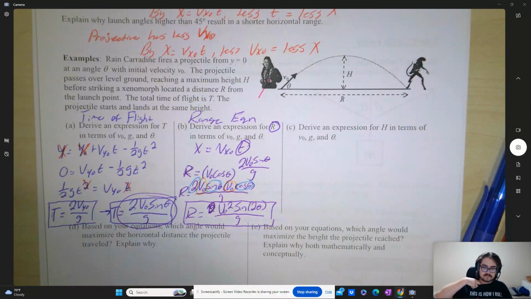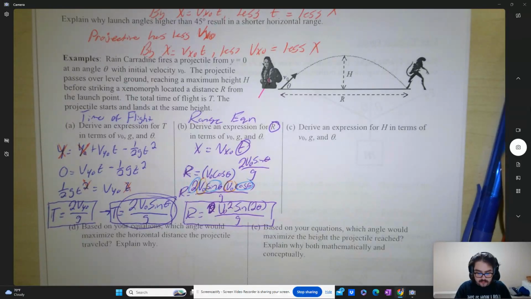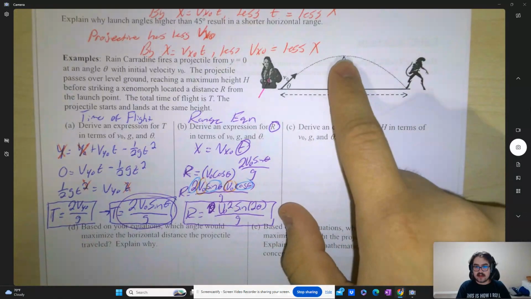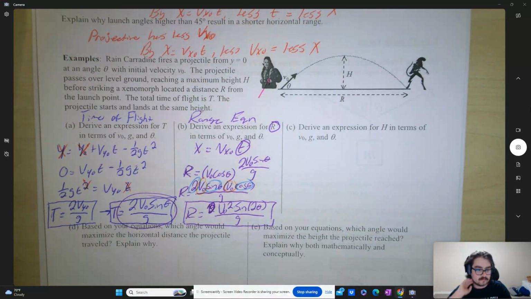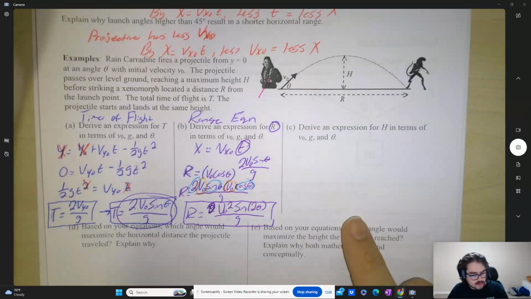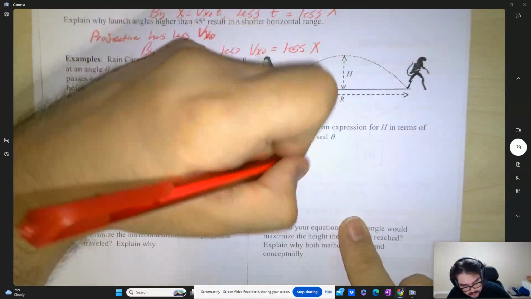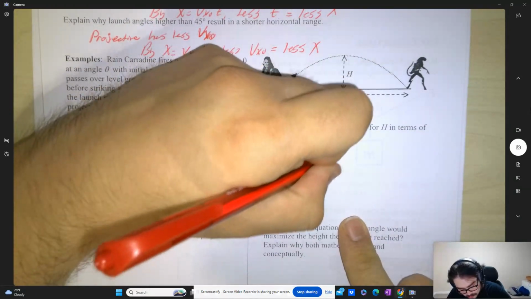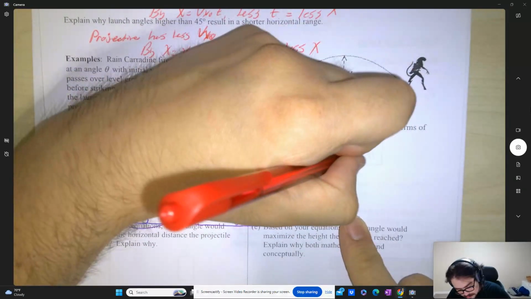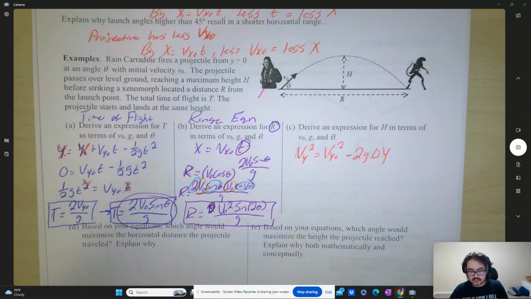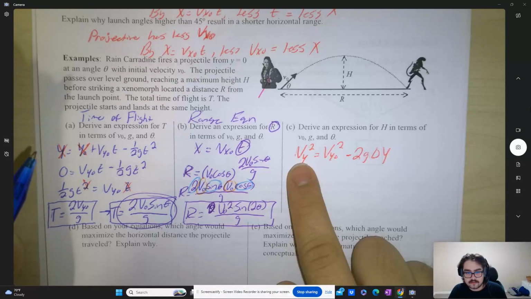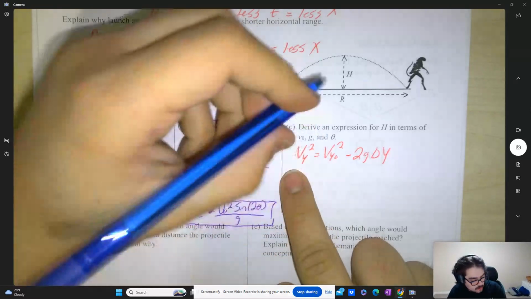And then to get the final part, to derive an expression for h, we're trying to figure out the maximum height of the projectile. I'm going to use the no time equation because it's easiest. You could do it with time if you wanted to. The reason it's easiest is because your final velocity when you get to the height should be 0.